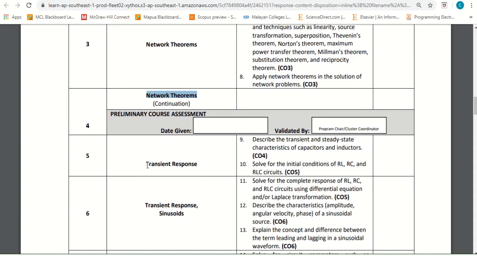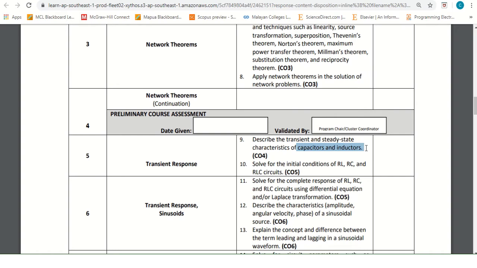Now, in the fifth week, we'll be dealing with circuits that involve elements that store electrical energy, like the capacitors and the inductors.